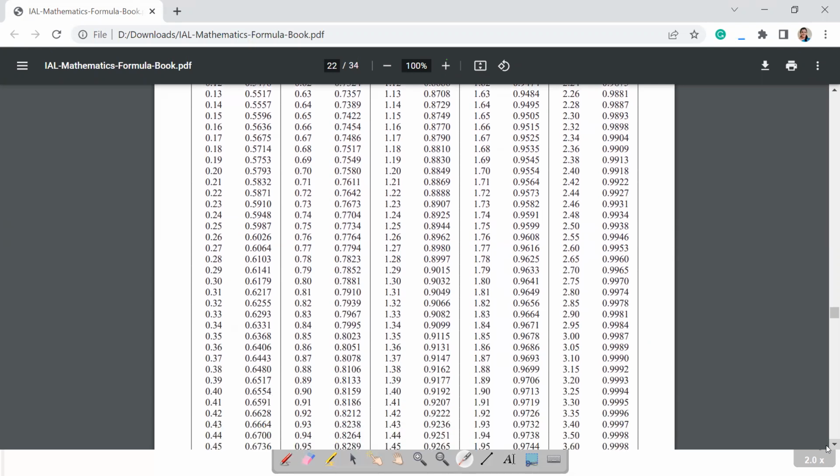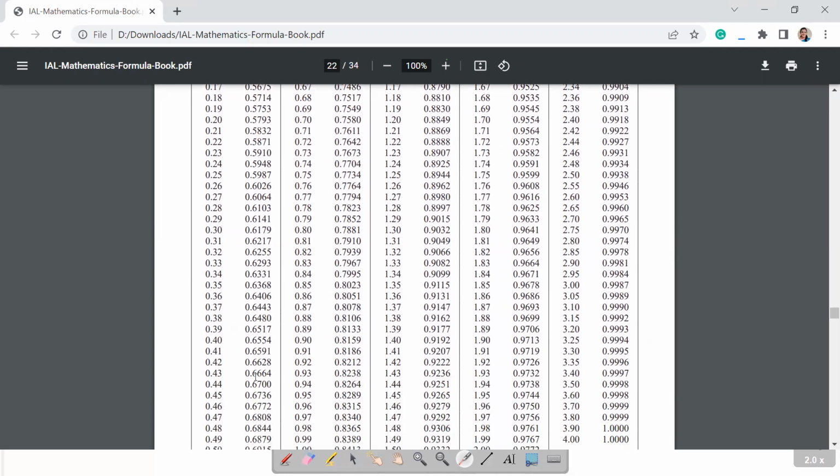So we have 0.6664. Shall we search for it in the table? Do we have that? Yeah, here 0.6664. Can you see the probability value? So this probability value corresponds to the A value 0.43. This is the probability of the less than side, right? You know how this table works. It only gives you the less than area.